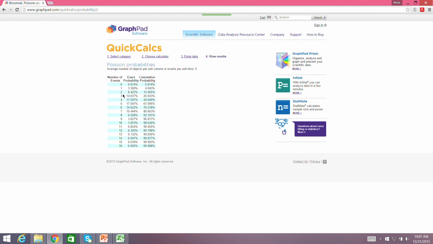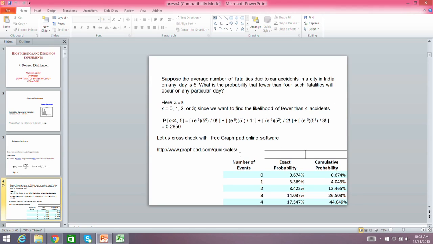So for 2 accidents it will be 8.42%, for 3 accidents it will be 14%, but if you are talking about 0 or 1 or 2 or 3 accidents on any particular day, you need to add all these, so that is the cumulative, so we get 26.5. Okay. So we got the same answer. So we can use this GraphPad software also to do the same calculations. So that is what we got here, 26.5% for fewer than 4 accidents.